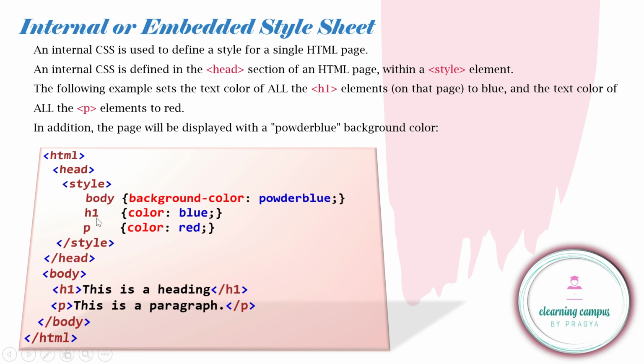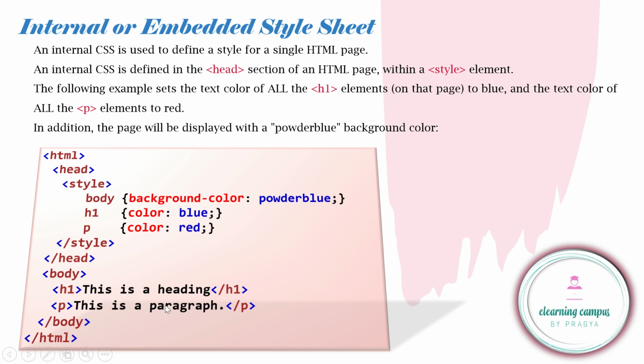Now h1. What property I am changing for h1? For h1 I am doing color blue. The background color means the color of the background of the text, and only the color property means the color of the text. So h1 color blue. In my entire document, whenever I use this h1 tag, every time it will come in blue color. Now the p tag, for p I am mentioning color red.